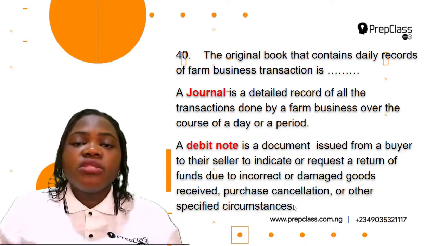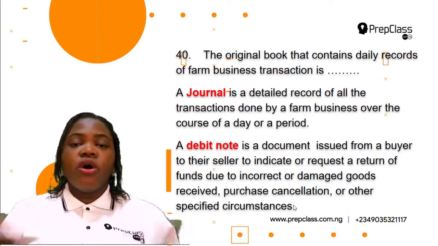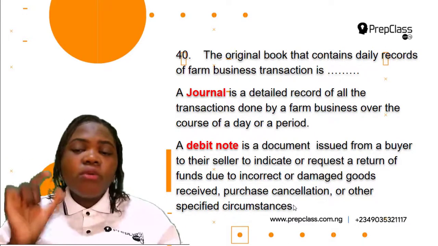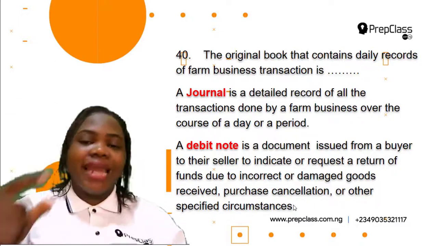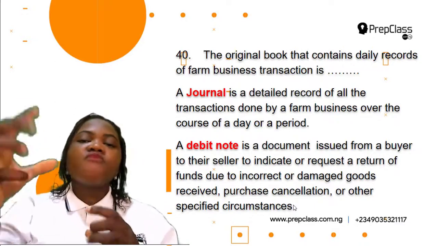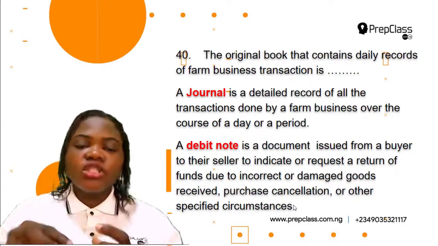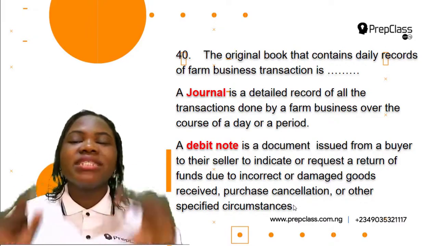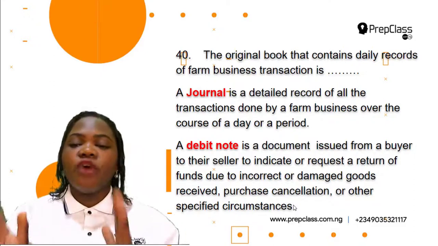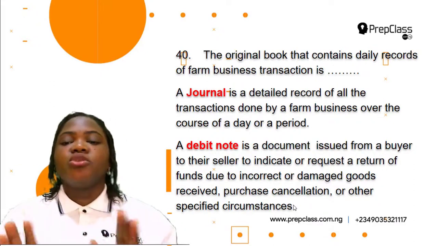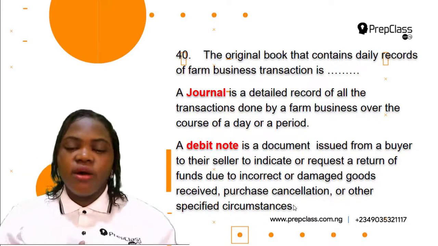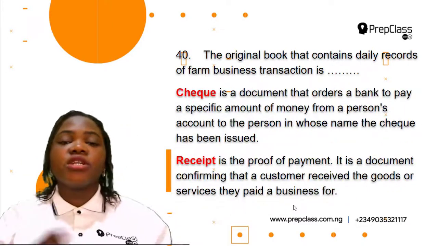So when some of the goods received is damaged, when a buyer cancels purchase, that document that the buyer sent to the seller to indicate or request for a return of their money, that is called a debit note. So a debit note is a document issued from a buyer to their seller to indicate or request a return of funds.